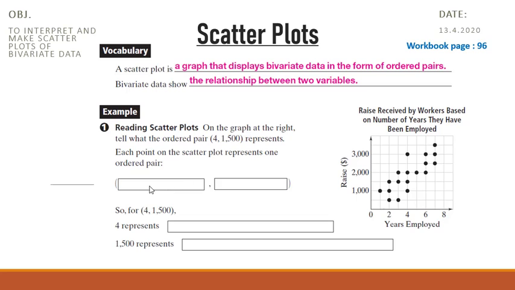So the x coordinate is the years employed and the y coordinate is the raise in dollars. Of course now 4 represents, as you said, years a worker has been employed, and 1500 represents the amount of raise in dollars. Thank you, Mujtaba. Excellent.